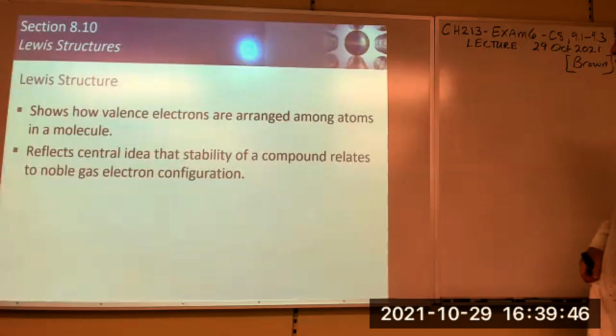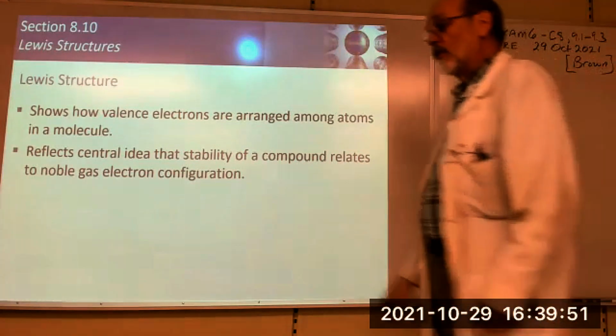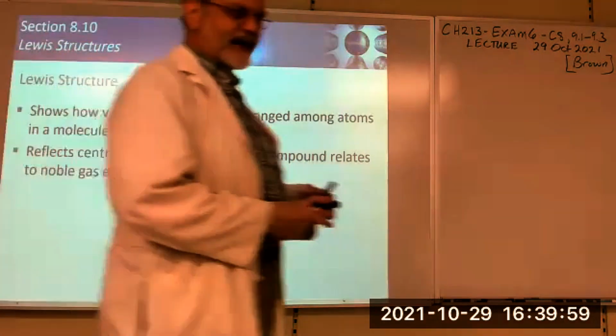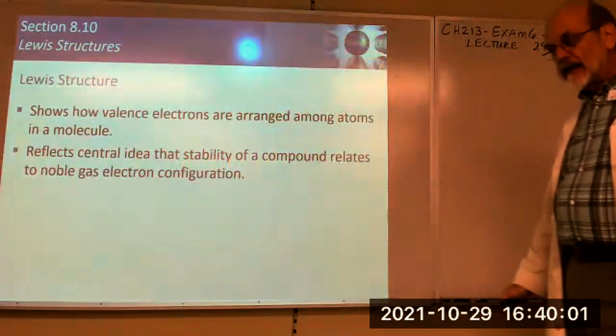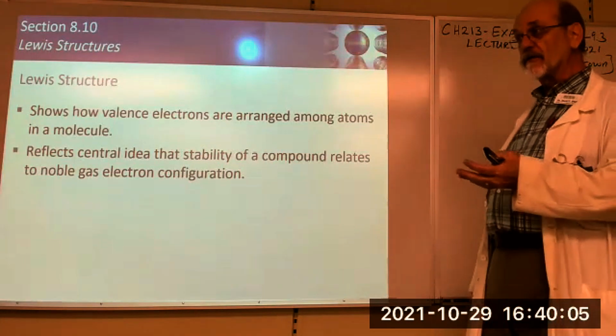So how do we draw a Lewis structure? Well, G.N. Lewis was a world-renowned chemist, and he wanted a simple way to approach bonding of atoms. He assumed that when you formed a bond, a single bond, you have 2 electrons.